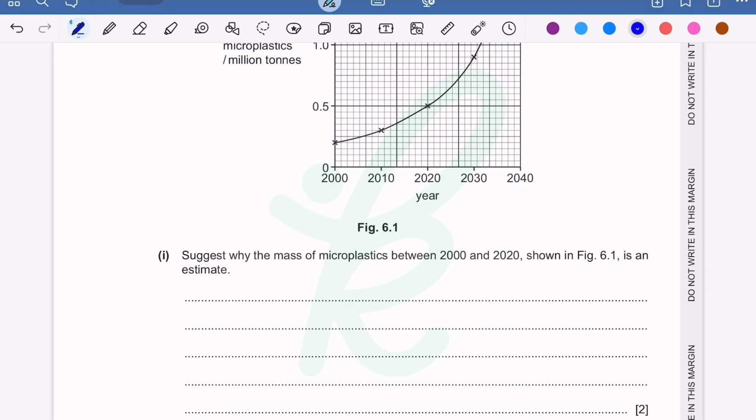So the question says, suggest why the mass of microplastic between 2000 and 2020 shown in figure 6.1 is an estimate. So it is an estimate because microplastics are very small and secondly it is difficult to keep a track or exact count of the microplastic.